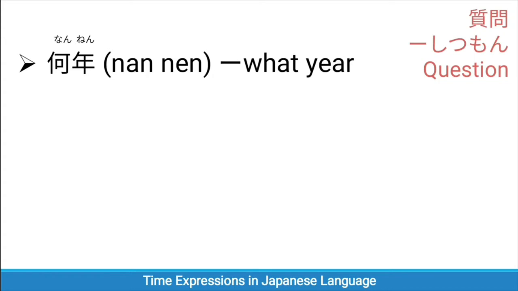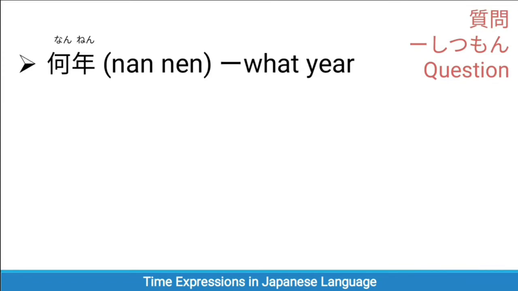Pero pwede din naman natin sabihin ng specific. Pag tinanong tayo ng nannen, all we have to say is sabihin yung taon mismo. Kunwari ngayon is 2020. Nisen niju nen. Okay? So, yun.